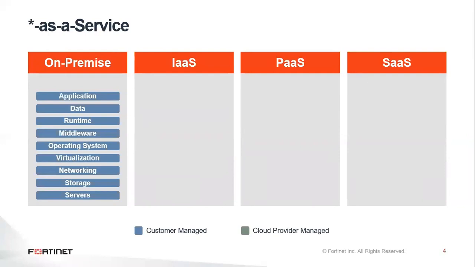All layers of the network, from physical server, connectivity, and application, are hosted within your premise, within your range of the network. Right? Customers continue to choose this model today. Okay.